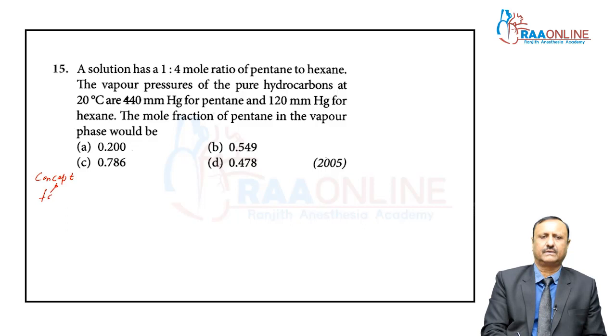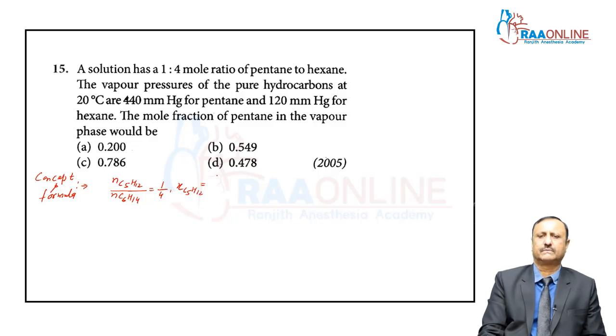Here, the number of moles of pentane, meaning C5H12, upon N of C6 hexane, because the ratio is given. Two hydrocarbons are present in a different ratio, N pentane and hexane, C6H14, and this ratio is 1/4. Now we can calculate the mole fraction X of C5H12.